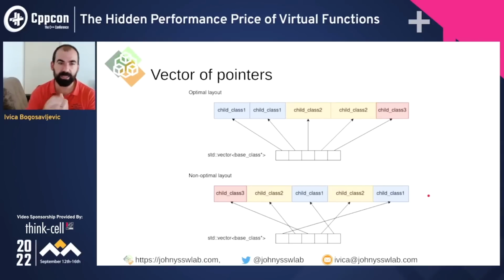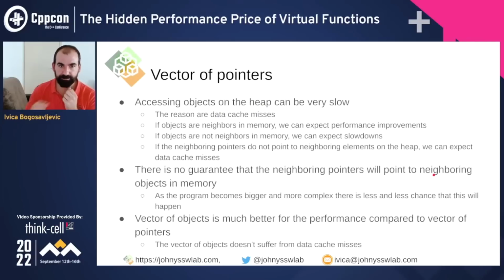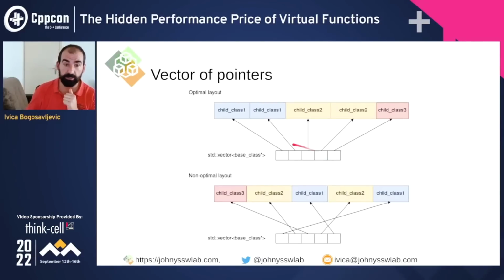So the question is, why is this important? The reason why the optimal layout is better than the non-optimal layout is that while you're iterating through this vector of pointers in order to do some kind of processing, with the optimal layout, you will exhibit a much higher data cache hit rate, and a high data cache hit rate corresponds to better software performance.